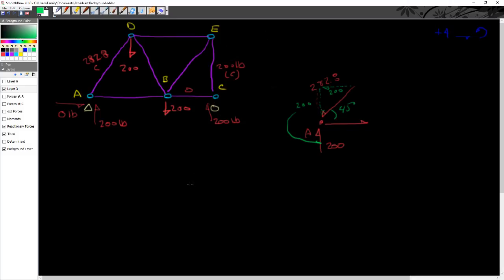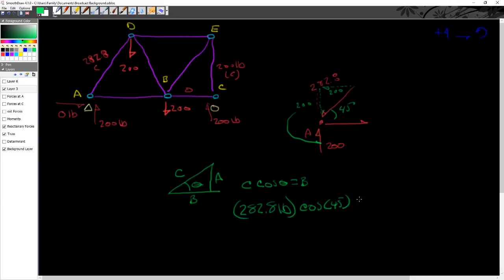Mathematically, I could also say, using the same unit triangle C, A, B, that C times the cosine of theta equals B. So I take 282.8 pounds times the cosine of 45, and lo and behold, I get 200 pounds. There's a little bit of a rounding error there.